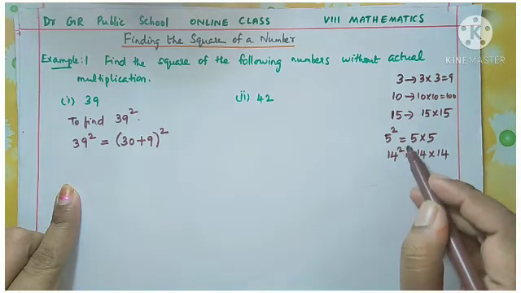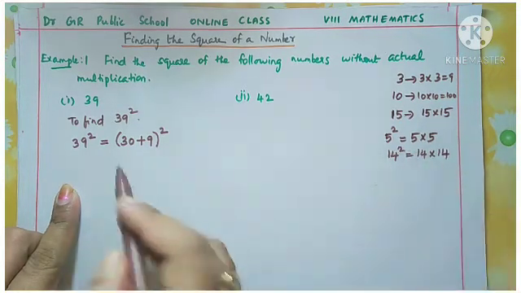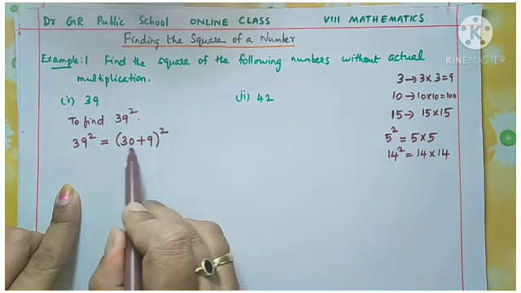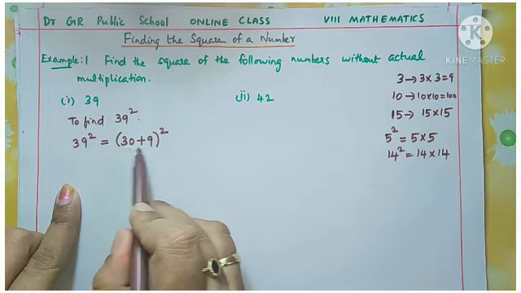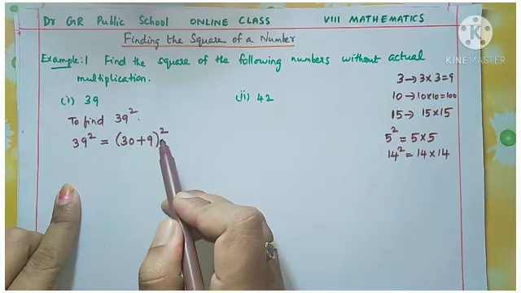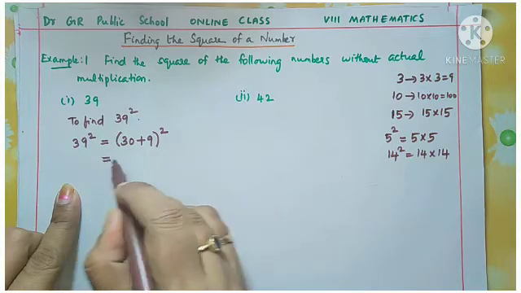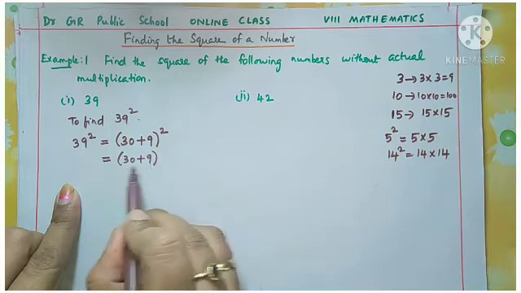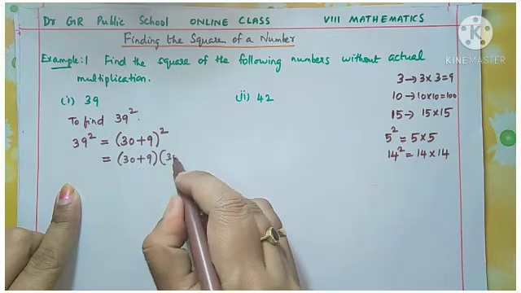So the power denotes the number of times. Similarly, here 30 plus 9 the whole square means the quantity inside the bracket is multiplied 2 times. So we can write this as 30 plus 9, this is one time, again into 30 plus 9.